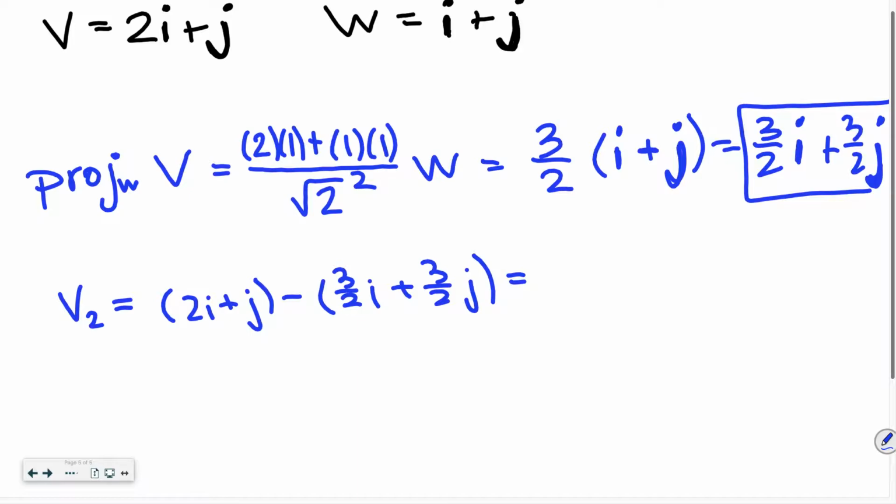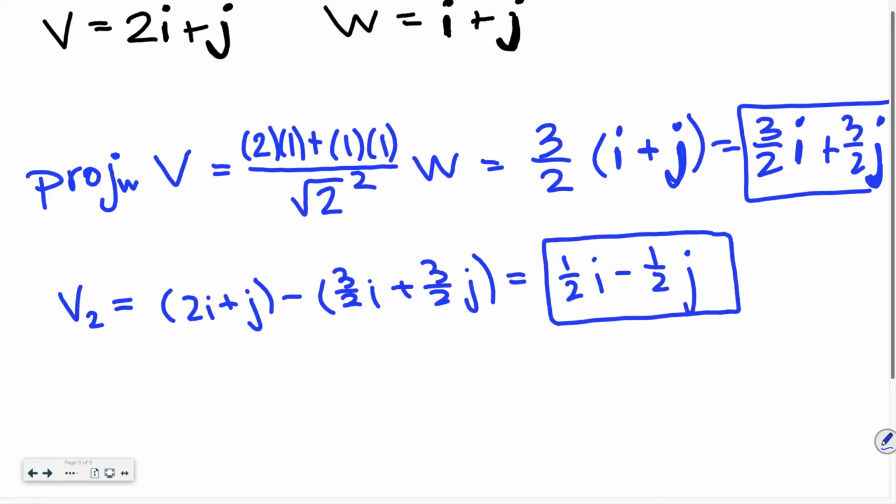Okay, so this component orthogonal to W. What do we get? 1/2 i minus 1/2 j. And see how those would have a dot product of 0. Okay.